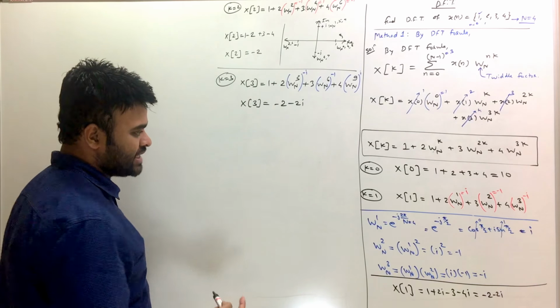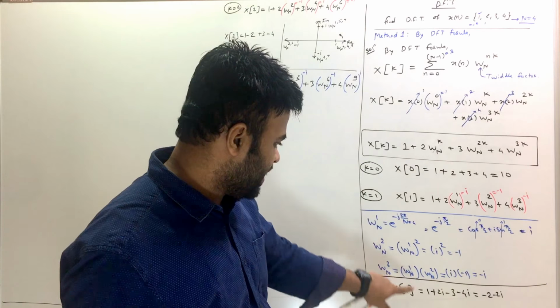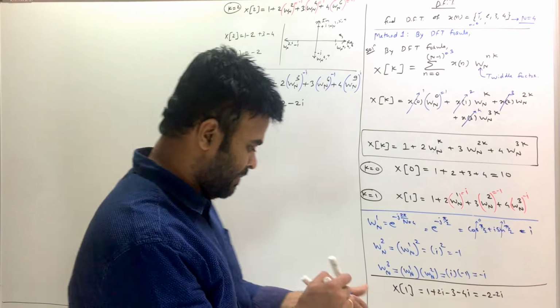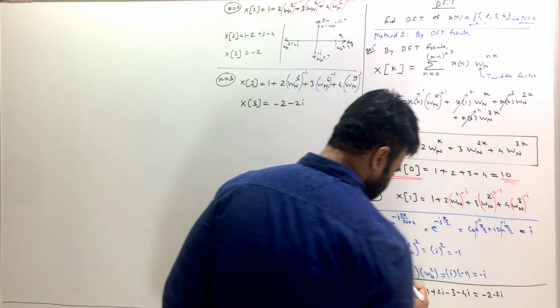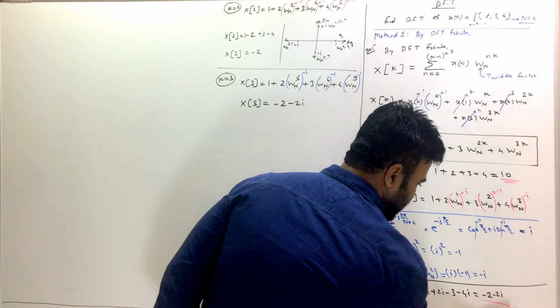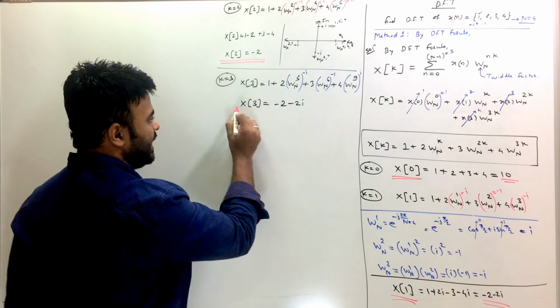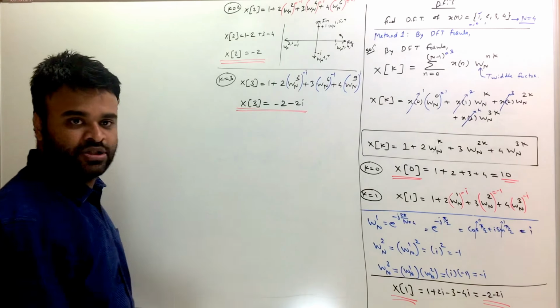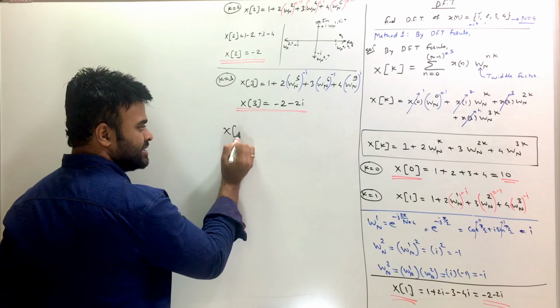Well, then I've got x0, 10. I've got x1 as minus 2 minus, so let me highlight them. X0 is 10. Then I have got x1 as minus 2 minus 2j, x2 as minus 2, and x3 is minus 2 minus 2j. And now let me write down the final answer. The final answer is going to be xk.